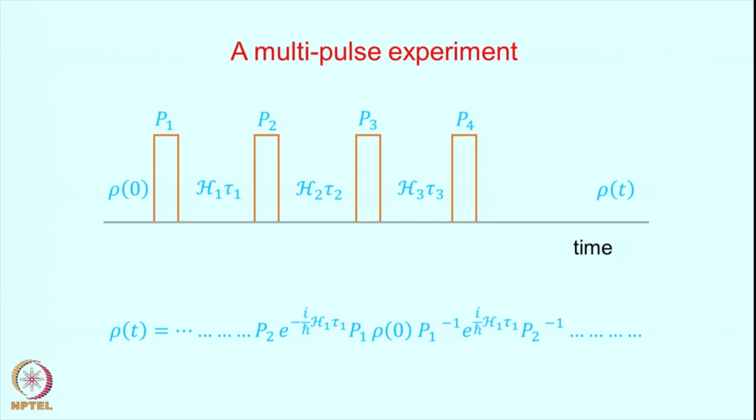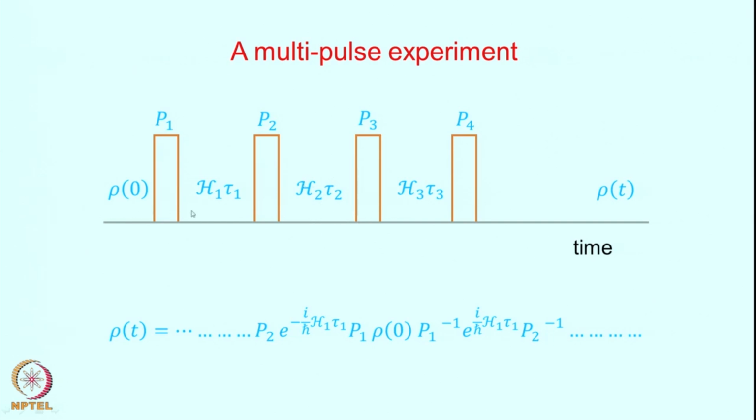Okay. So now we are ready to calculate any kind of matrix representation, any kind of evolution of a multiple pulse experiment. So if I have a multiple pulse experiment, I start with the initial density operator rho 0. Start with this, apply a pulse P1 here, and then allow the spin system to evolve under the influence of the Hamiltonian H1 for the period tau 1, then apply a pulse P2, and then allow the system to evolve under the influence of the Hamiltonian H2 for a period tau 2, and continue like this.